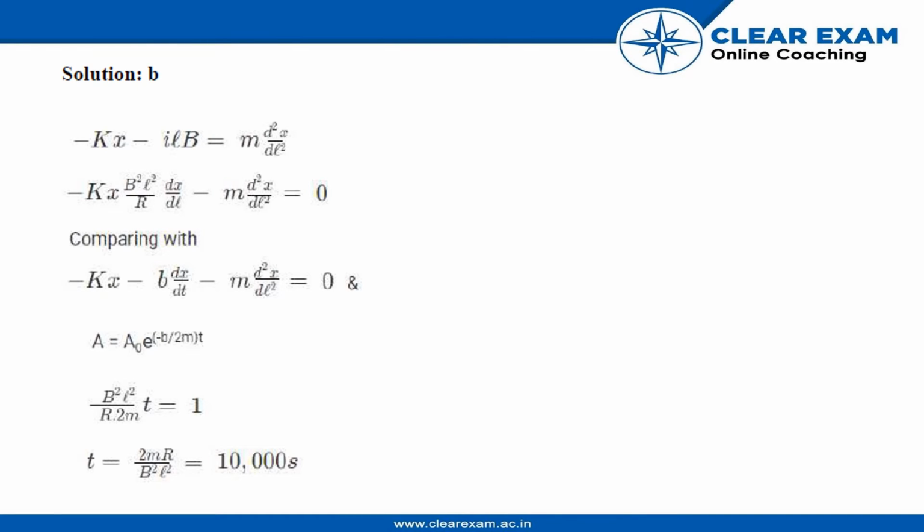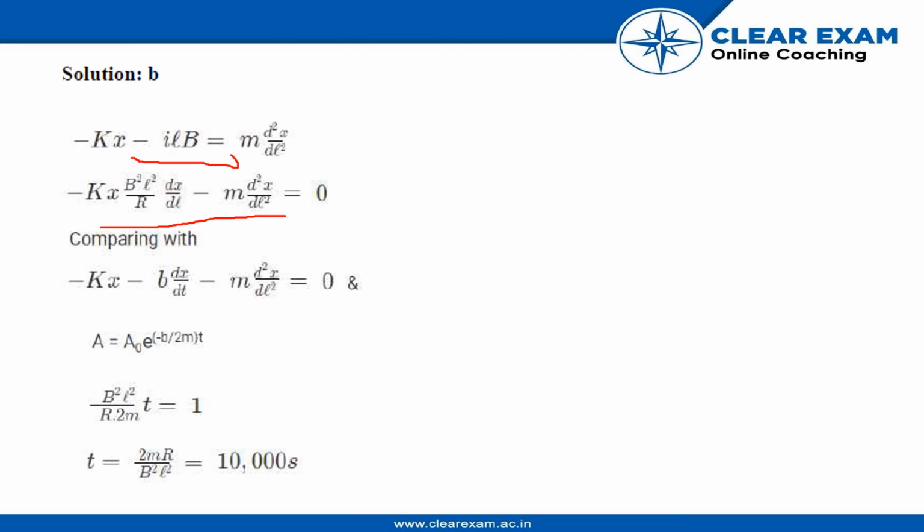Now we know that minus kx minus ILB is equal to m d2x upon dt square. Now we'll solve this, where K is the spring constant, I is current, L is length and B is magnetic field. When we solve this and rearrange, it will be minus kx minus B square L square upon R dx by dt minus m d2x upon dt square is equal to 0.